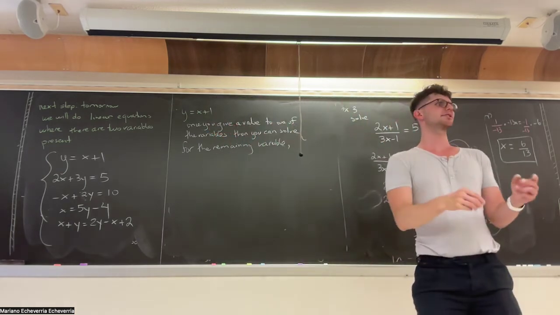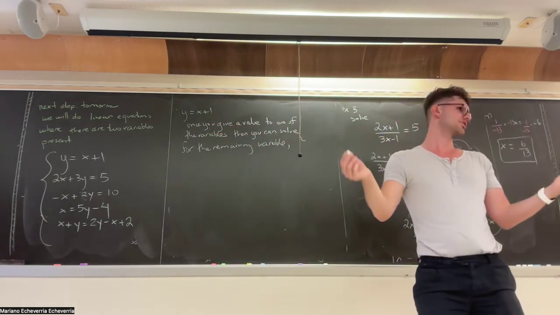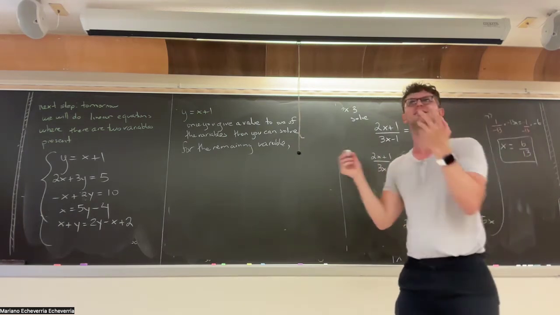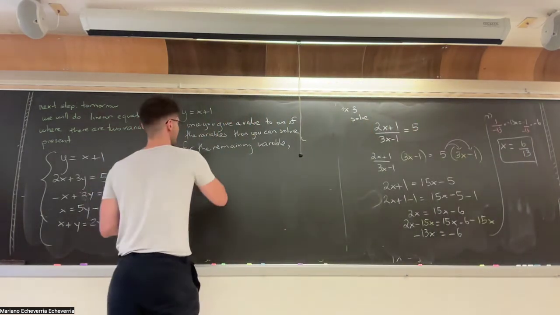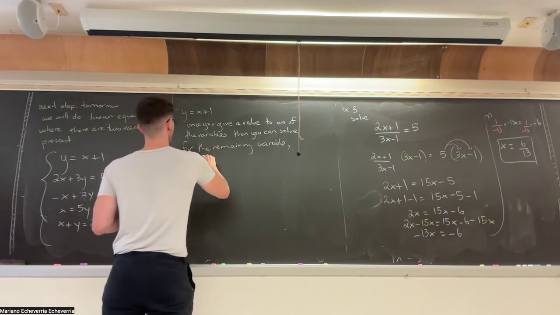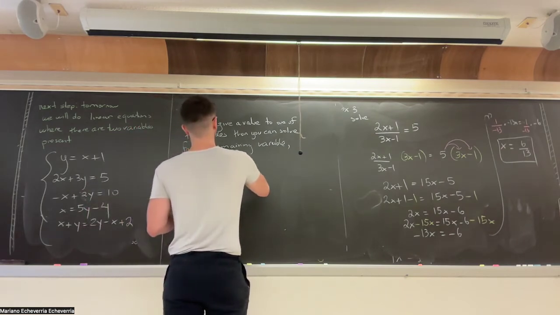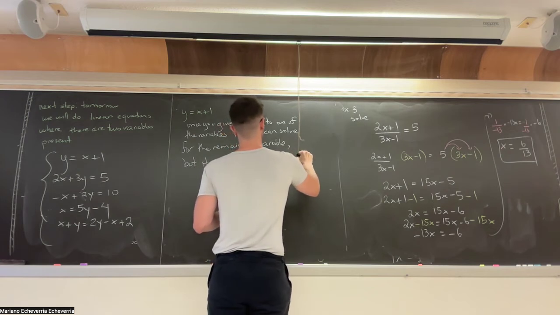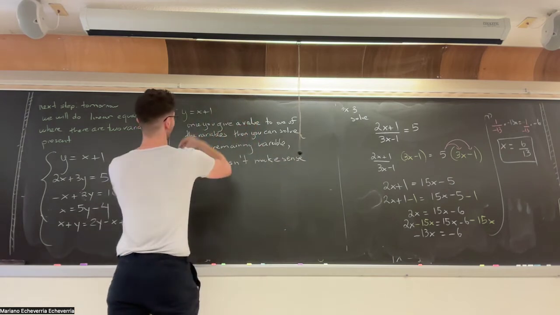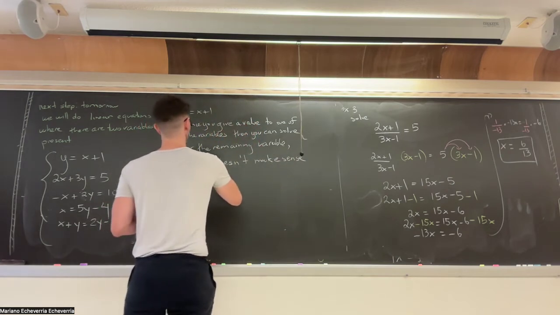But it doesn't make sense to solve for both variables simultaneously. That's what I'm trying to say, because there are two variables, you would actually need two equations to do that. It doesn't make sense to try to solve for both variables at the same time.